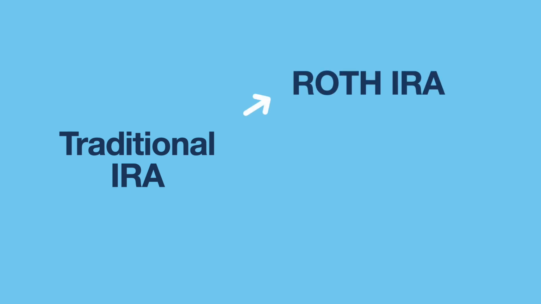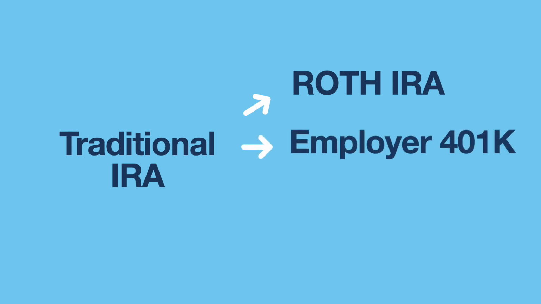And to avoid that, you can simply convert your traditional IRA to your Roth IRA if you don't have a big amount, or roll it over to an employer 401k plan. And if you are self-employed, you can also open an individual 401k.